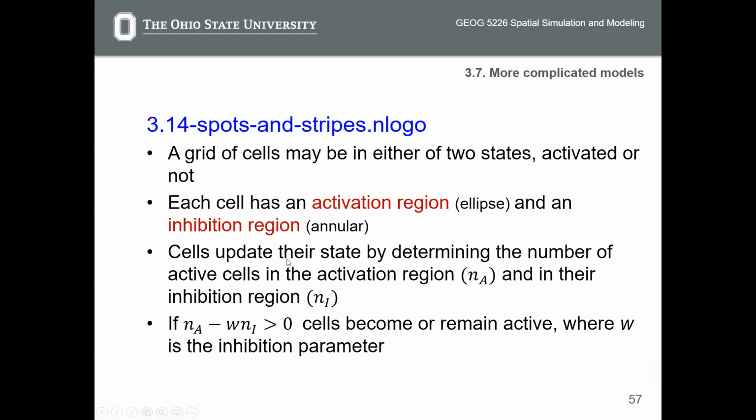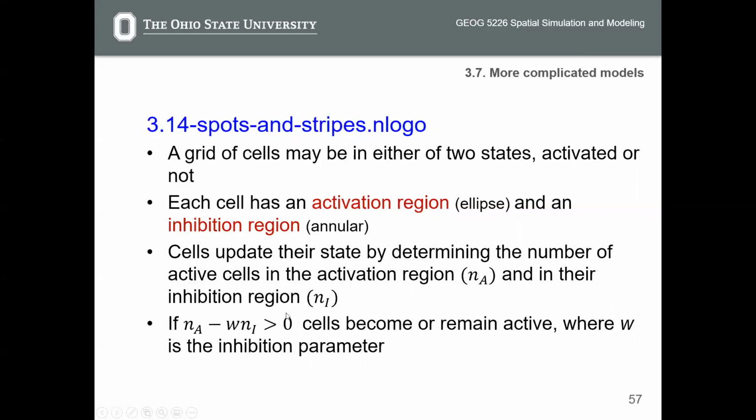Okay, cells update their state by determining the number of active cells in the activation region. That number is Na. And in their inhibition region, that number is Ni. And a rule is created to decide whether a cell is going to be active, to remain active or not.